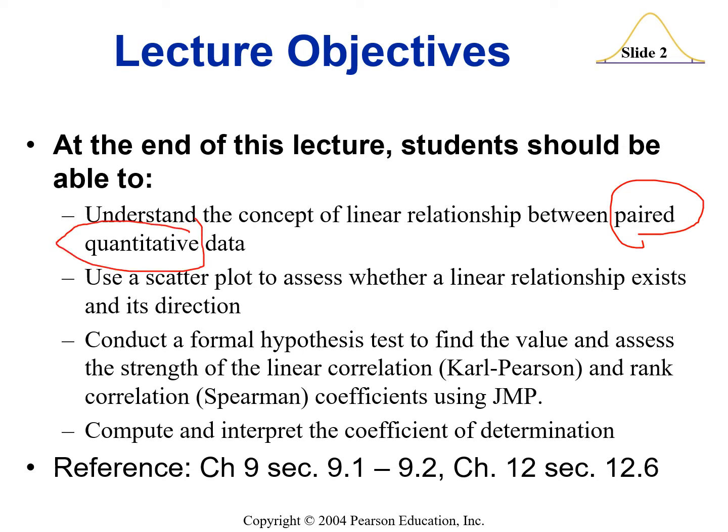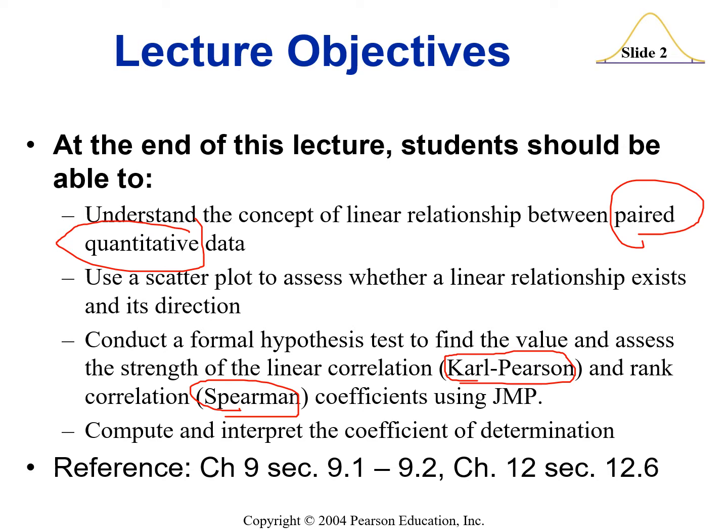Number two, using scatter plot to assess whether linear correlation exists and its direction. Number three, conduct formal hypothesis test to find the value and assess the strength of linear correlation, Pearson, and rank correlation, Spearman coefficient, using statistical software. Number four, compute and interpret the coefficient of determination.